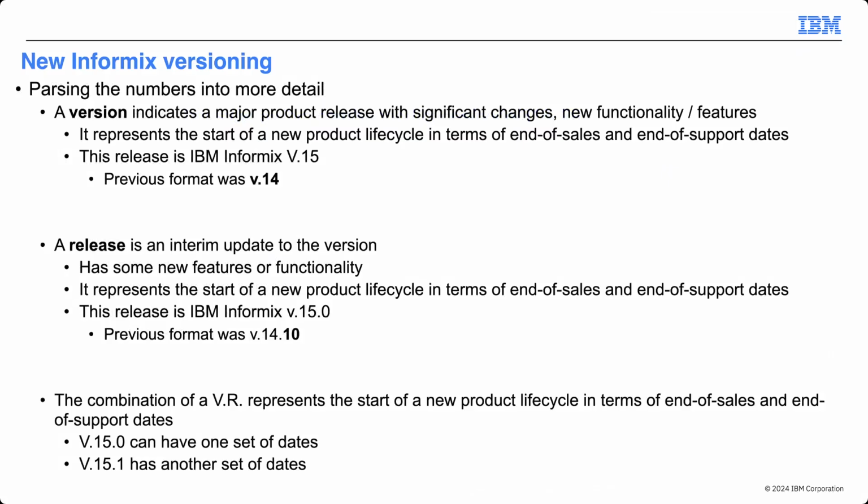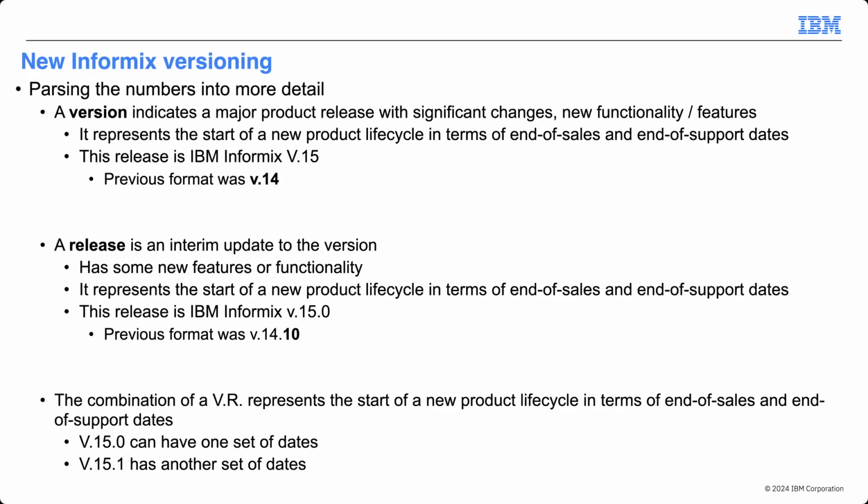And there will be an end of life for 15.0.0.0. When 15.1 is released, because it's a different release pack, it will have its own end of life as well, which will be different from 15.0's.